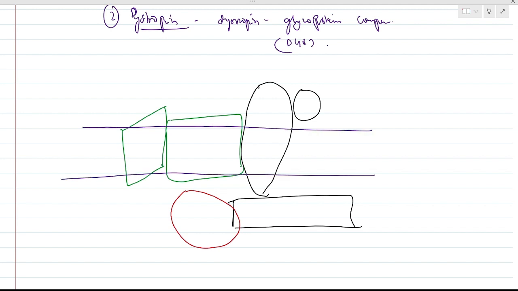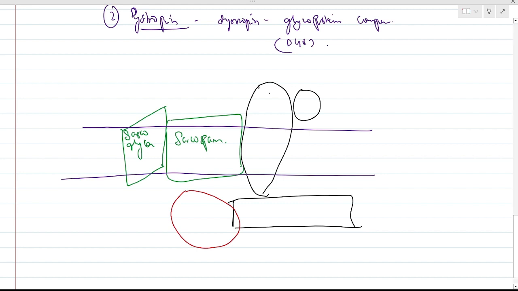First two proteins we have drawn here. These are sarcoglycan, and these are sarcospan. Sarcoglycan and sarcospan. Now these two proteins are drawn here.